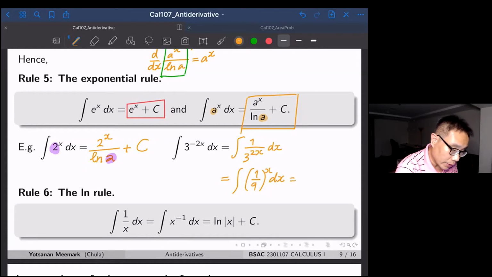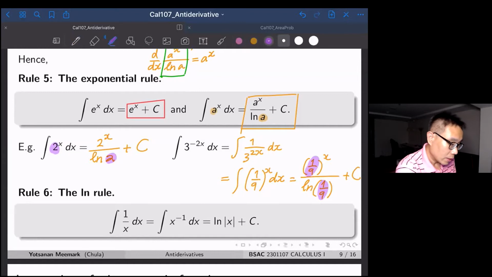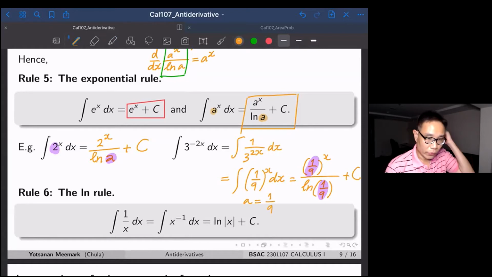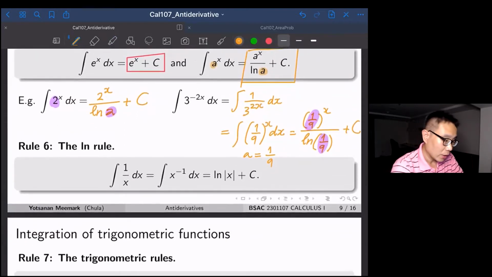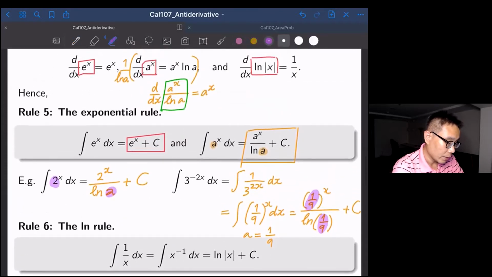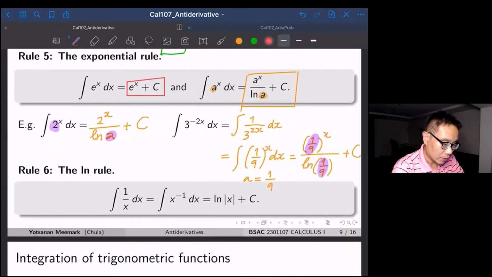So this will be 9 to the x over log 9 plus c, where a equals 9. So this is how we have this formula. And the last one, integrate 1 over x dx turns out to be log x plus c, which comes from the derivative of log absolute x equal to 1 over x.